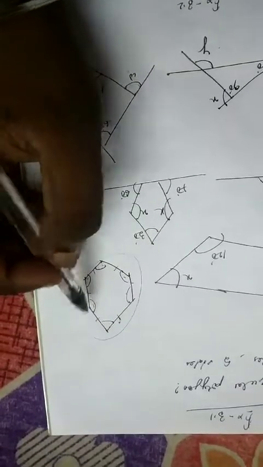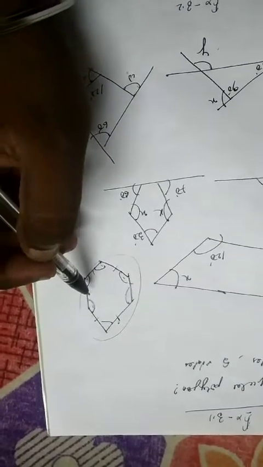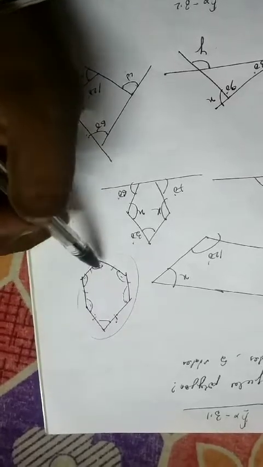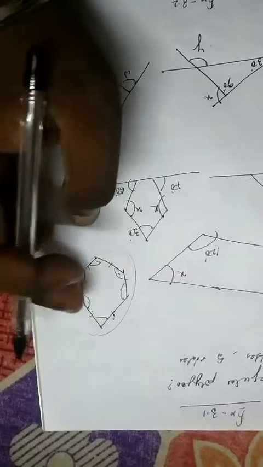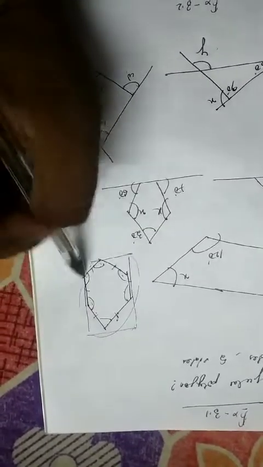This is an example of a regular polygon. A regular polygon with six sides is called a regular hexagon. In this figure, we can see there are six sides and six interior angles.